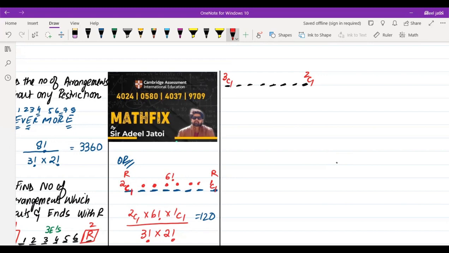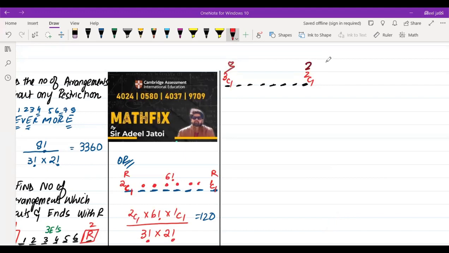So that means the first E, the second E, or the third E can be placed in the first blank. Similarly, 2C1 means the remaining two E's can come here. If the first E is here, we can use the second E here. If the second E is there, we can use the first E here. If the third E is there, we can use the first E here.